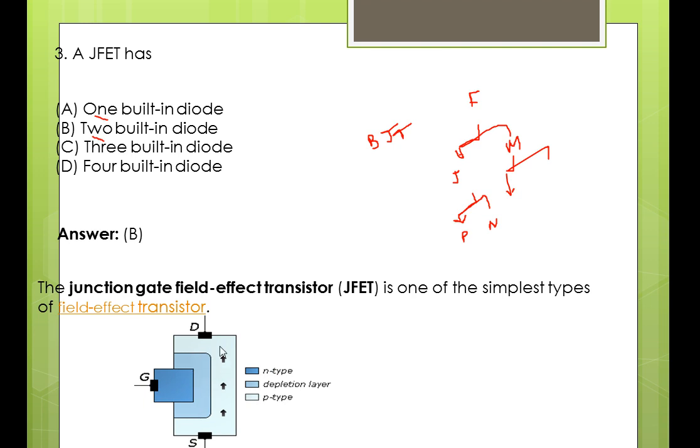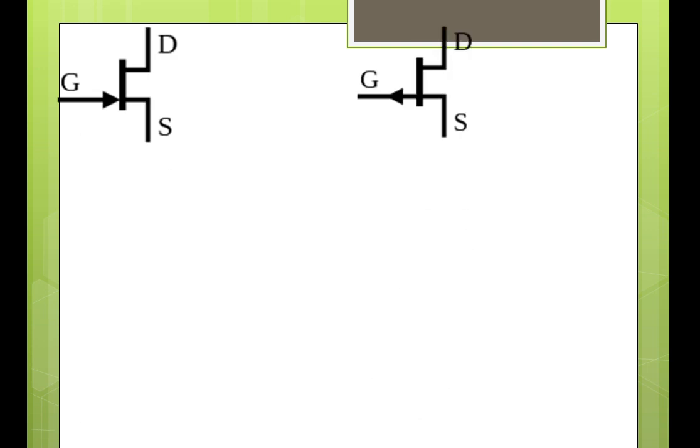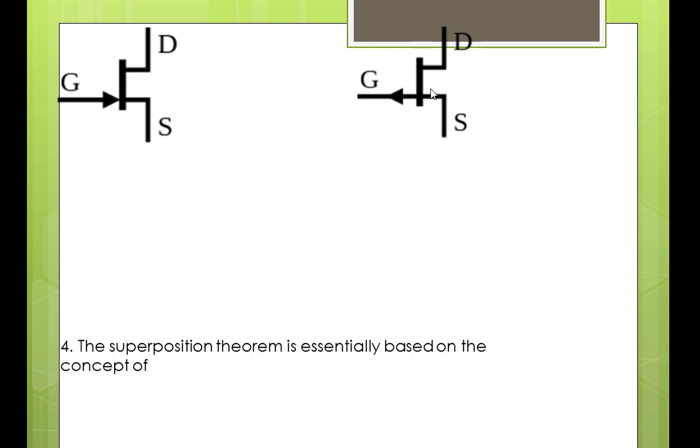So we are using two built-in diodes in order to construct the junction field effect transistor. This is the N type JFET, and this is the P type JFET. Here the arrow mark is inwards, and here the arrow mark is outwards. This is the N type.